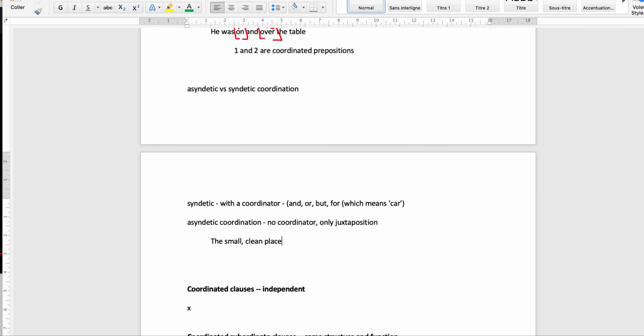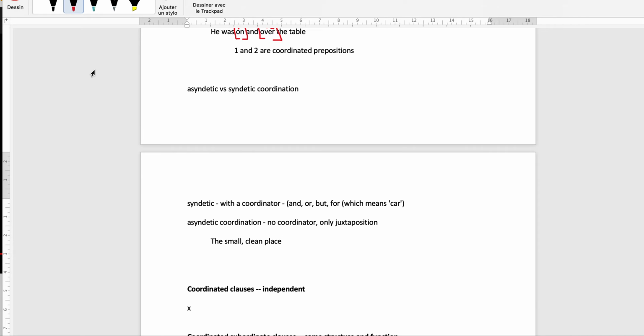We might as well be explicit and analyze this. So we're going to activate our pen here. So here we have small and clean. So here, small and clean are just basically, we're going to call this one 1, and we're going to call this one 2. Okay, I hope that's fairly clear.